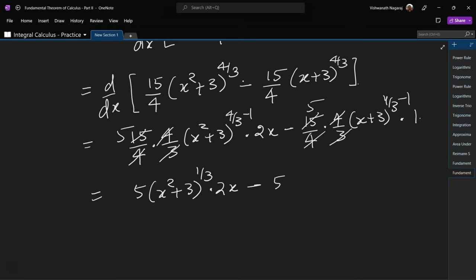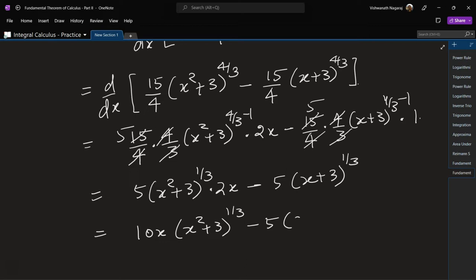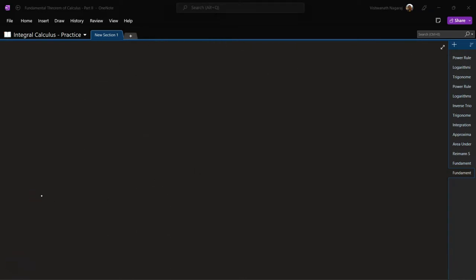So this would be 5 times x plus 3 to the power of 4 by 3 minus 1, which is going to be 1 by 3. So finally the result is 10x times x square plus 3 to the power of 1 by 3, minus 5 times x plus 3 to the power of 1 by 3. So that is the result. Let's look at the 14th one.